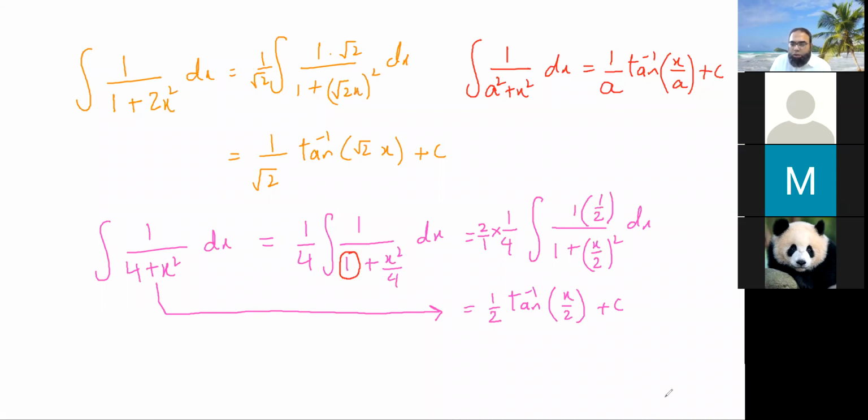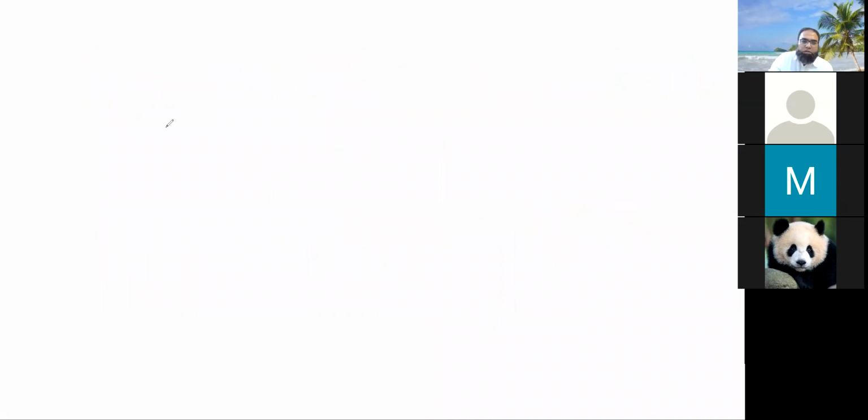Okay, so going towards the third situation. Sometimes, and this is the hardest situation, for example, you have to integrate 1 over, let's say, I'm again taking an easier case here, 4 plus 25 x squared dx. Now this 4 is disturbing us, okay?